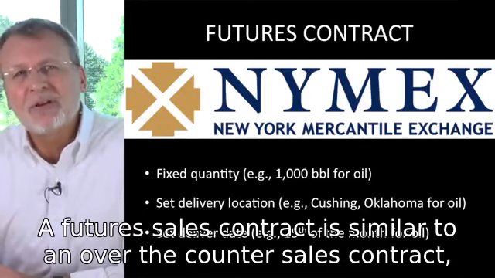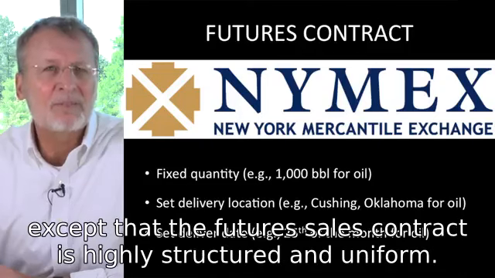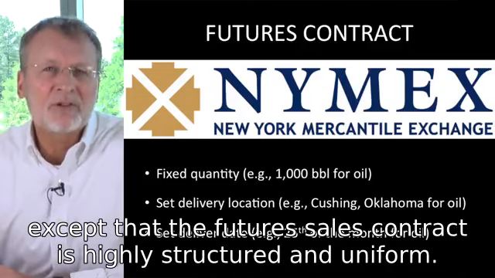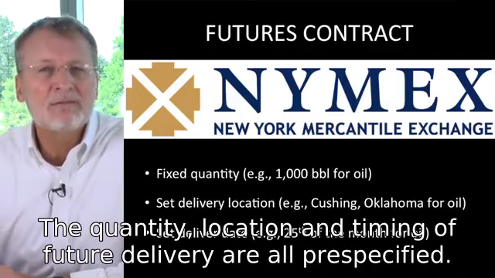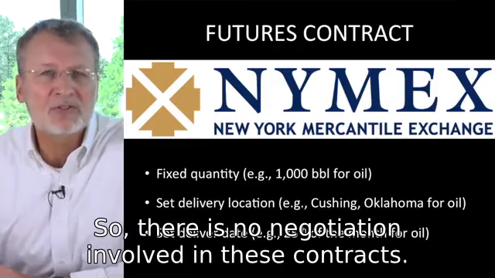A futures sales contract is similar to an over-the-counter sales contract, except that the futures sales contract is highly structured and uniform. The quantity, location, and timing of future delivery are all pre-specified, so there is no negotiation involved in these contracts.